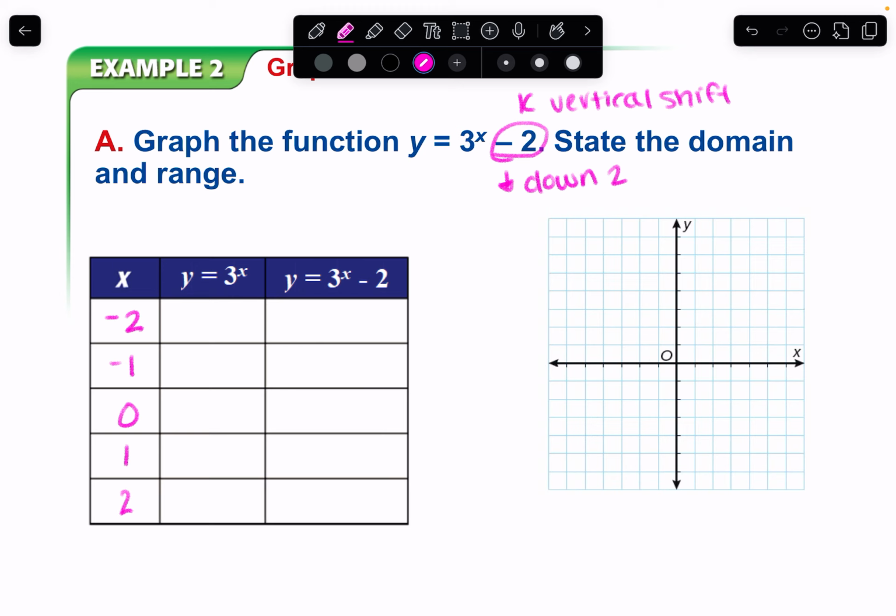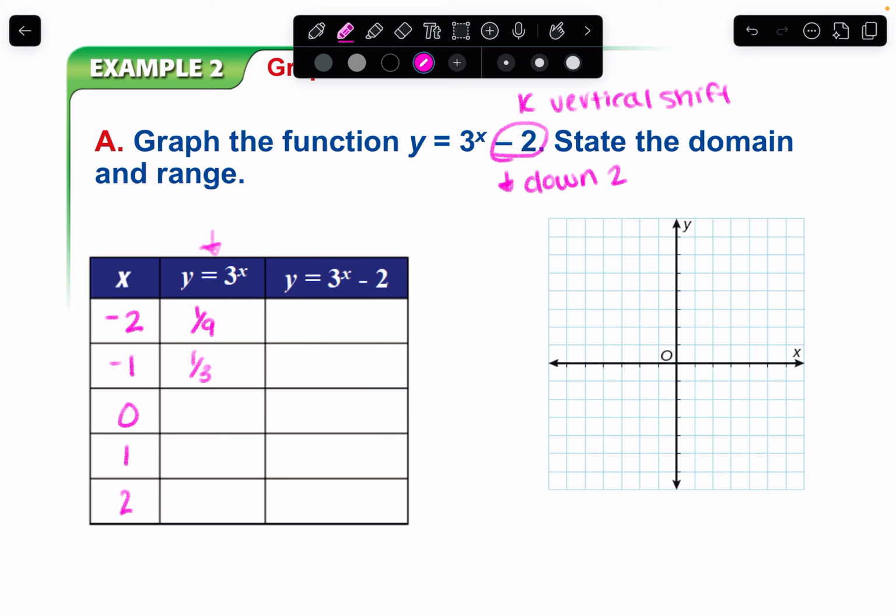So for this first part, when I do 3 to the -2nd power, I know 3 to the 2nd power is 9. Because it's negative, I would make it 1/9. And I'm going to do this first column all the way down and then go through the subtracting part. Then 3 to the -1st power would just be 3. Because it's negative again, it would be 1/3.